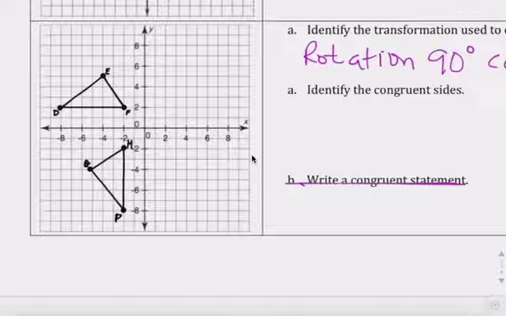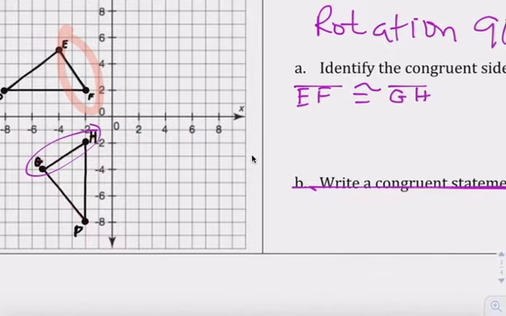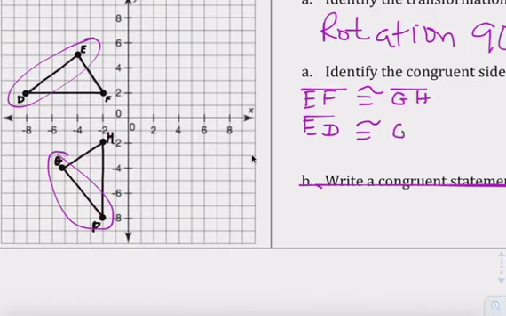Identify congruent sides. Okay, let's see. This EF is congruent to GH. And ED is congruent to GP, line segment GP.